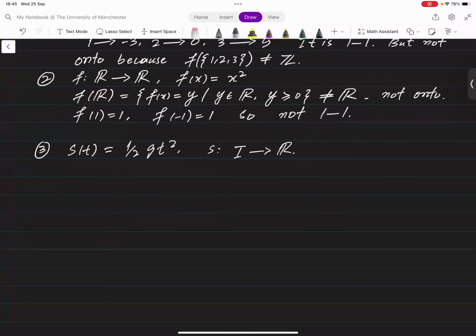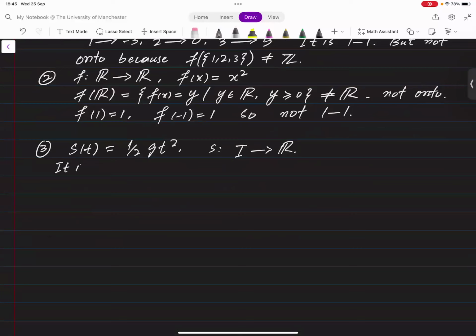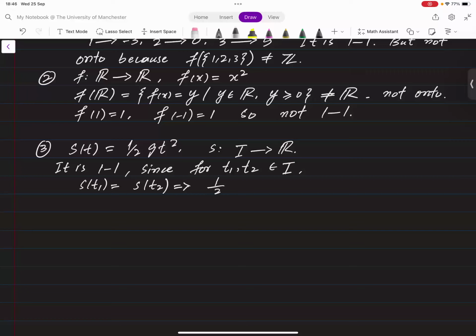So you can say that it is 1-to-1, since you can prove that for t1, t2 in I, if s of t1 is s of t2, then 1 over 2 g t1 square is equal to 1 over 2 g t2 square.